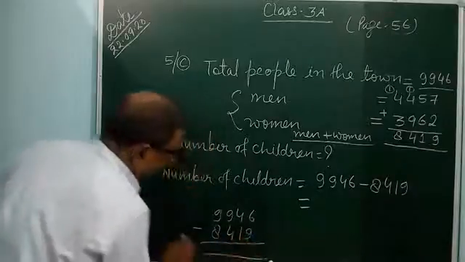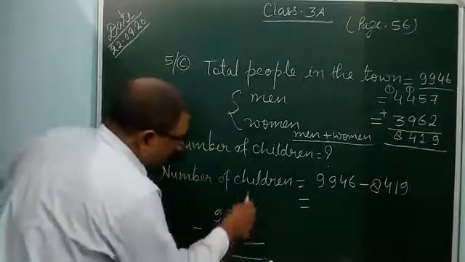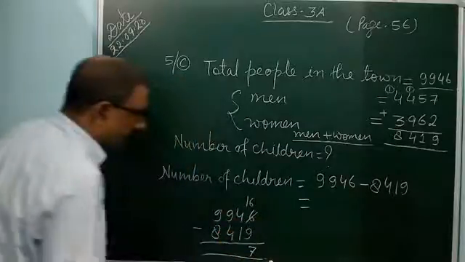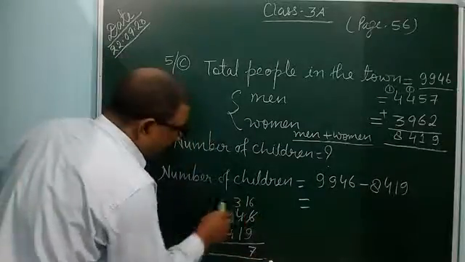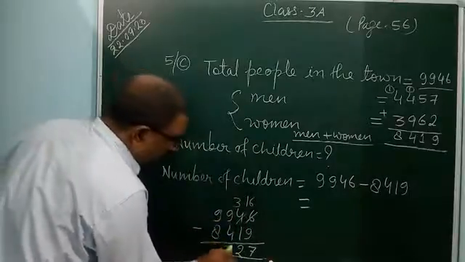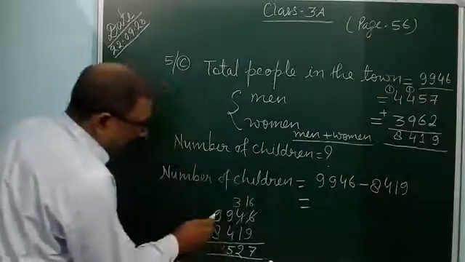You can subtract: 16 minus 9, 7. Here it will be 3. 3 minus 1, 2. Here 9. 9 minus 4, 5. And 9 minus 8, 1.